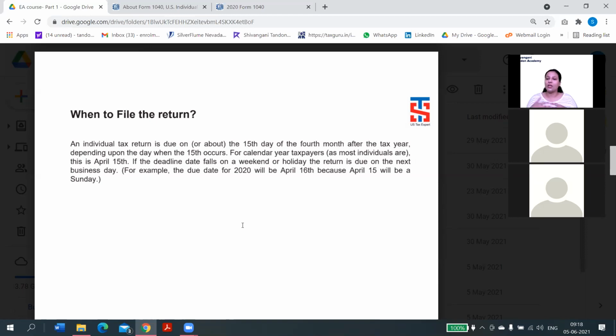After March, start counting the 4th month: April, May, June, July. The 4th month is July, so 15th July is the tax return filing date for people who follow the fiscal year to report their income to IRS. So it completely depends on whether your client is following the calendar year or fiscal year. This is very important to figure out the small information of the return.